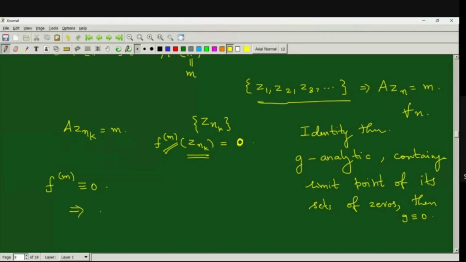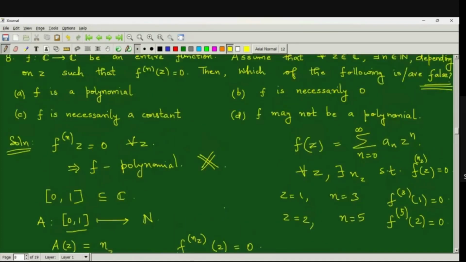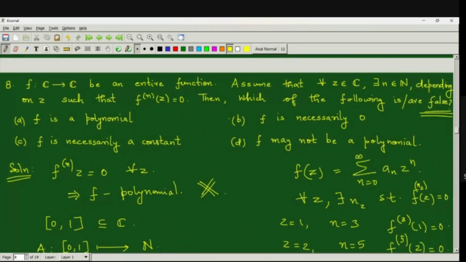Now comes your argument. The mth derivative is always 0 means the (m+1)th derivative, (m+2)th derivative, everything is 0. So f is going to terminate at m. Understood?